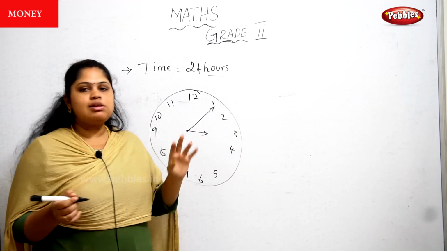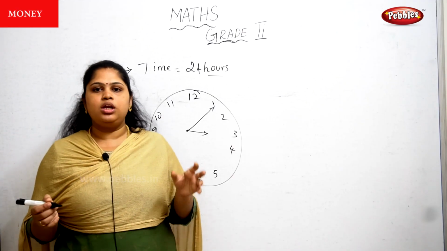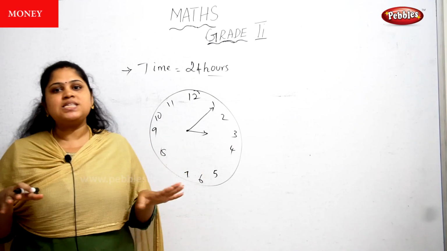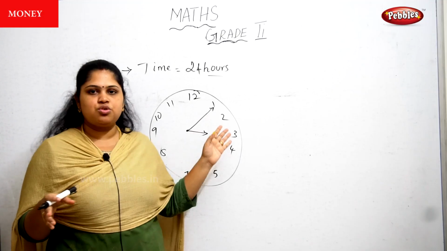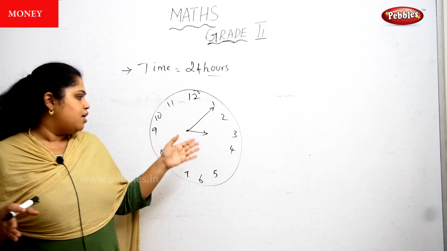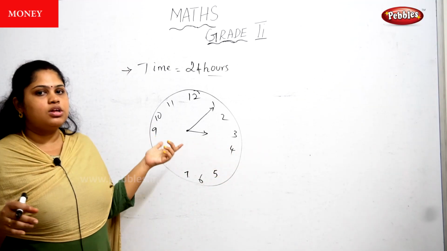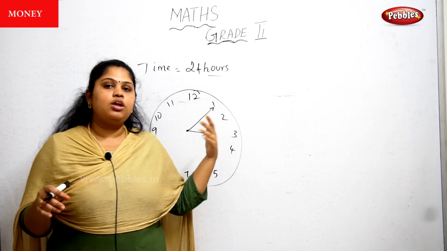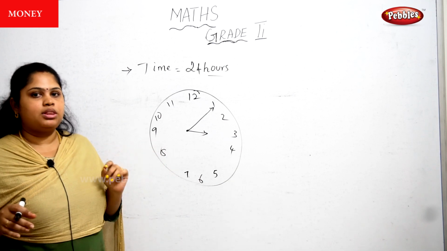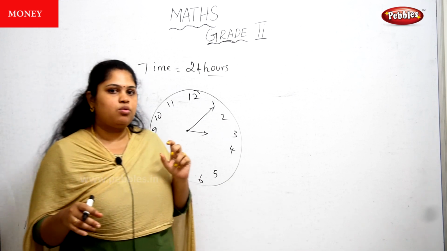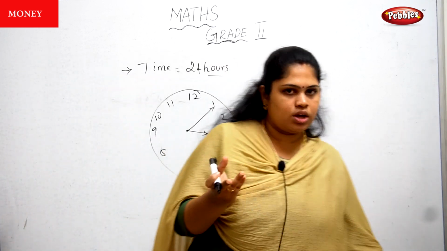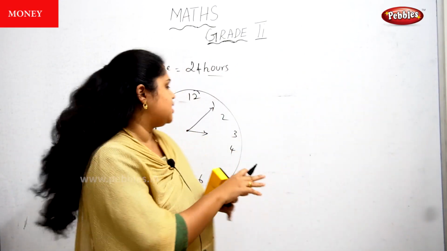The small needle remains the same. If it shows 3 o'clock, it remains the same. If it shows 4, it remains the same. Only in the big needle do we have to follow skip counting by 5. I hope you can clearly understand.